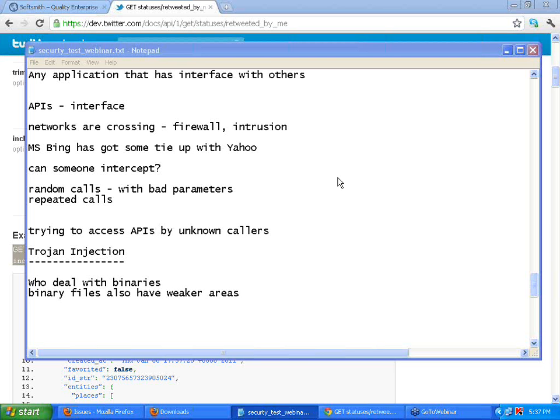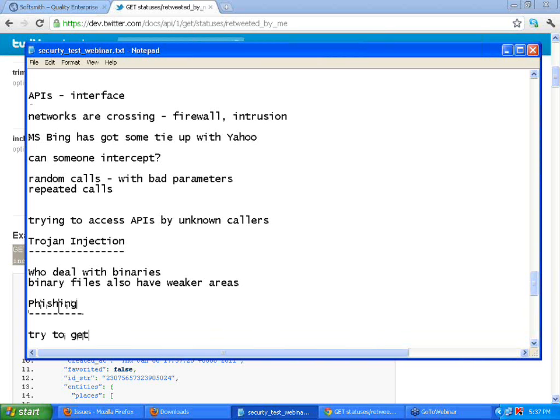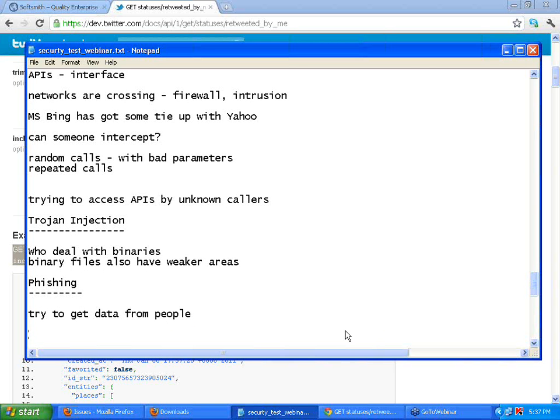Now a few questions like this. What is phishing? Again, phishing is not a one-time activity. Phishing is trying to get data from people, not necessarily in one single shot, maybe over a period of time.